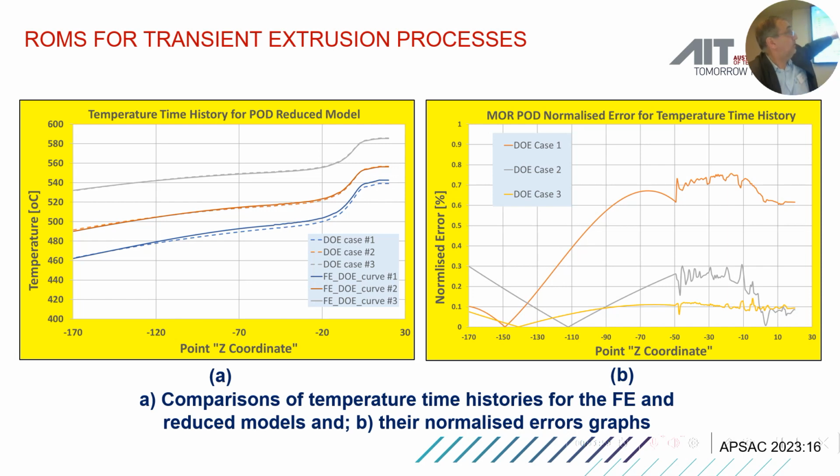The results of the DOEs, the reduced real-time models, and the finite element are almost matching. Again, you see the normalized errors on the right-hand side. So these reduced real-time models work accurately and very, very fast if you have the right data in the database.